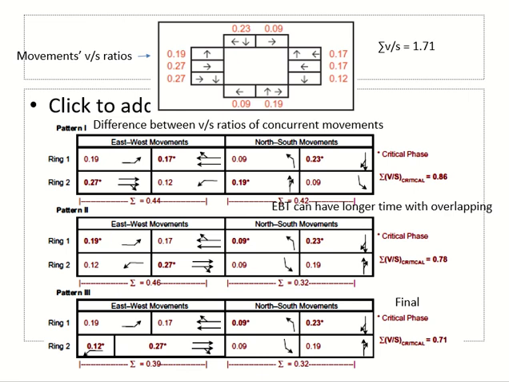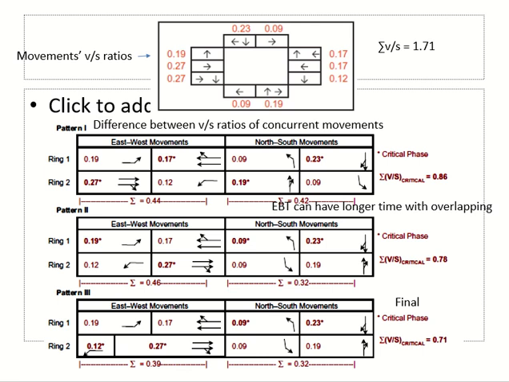So doing this was good or bad? How do you know? Good, because the V by S ratio has decreased. Clear? Also on north-south we can do this. We can do this in the north-south as well. But in north-south, the requirement is not so much, because they are already very close to each other.